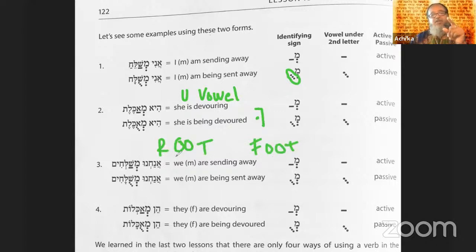So this is oo and this is oo. They both, depending on how they're transliterated, but to simplify it for you, so you don't have to keep going back and forth, understand that this is the U vowel. So you can just continue to say ooh.